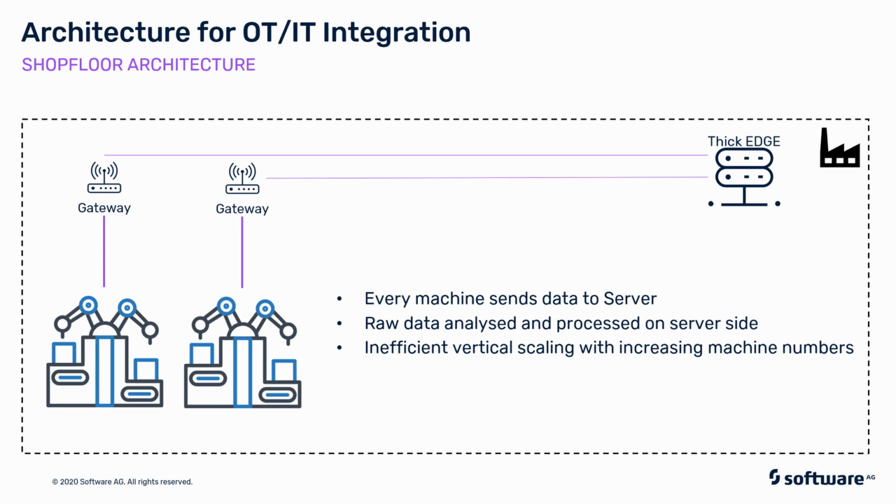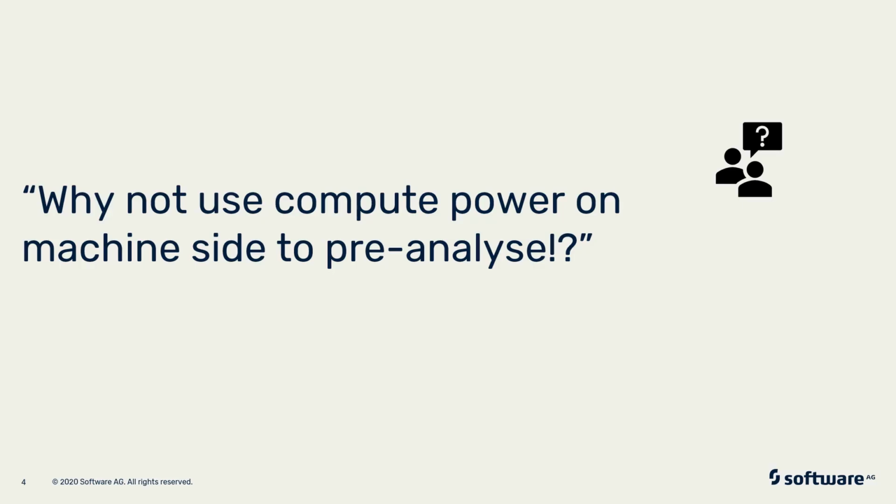And since many machines are equipped with hardware that could basically do the pre-aggregation and decision, the question that arises is, why not use the compute power on machine side to pre-analyze? And that's the whole idea of what we call the thin edge. Yvonne will tell you more about it.